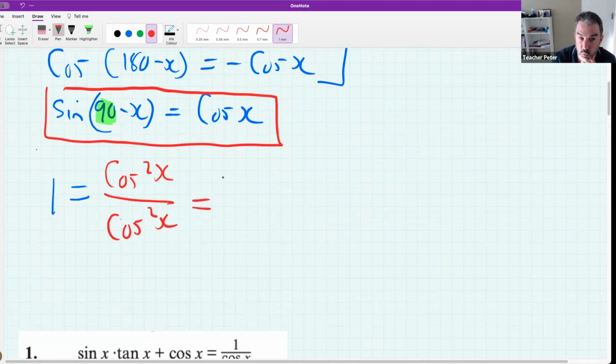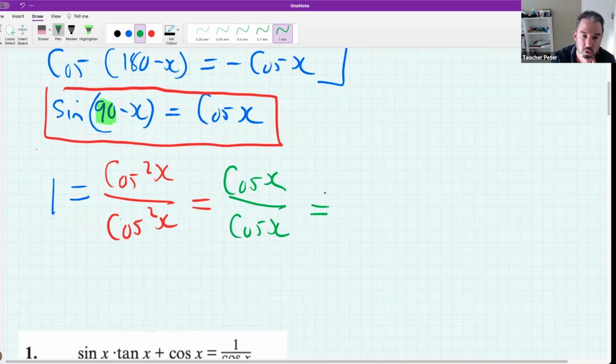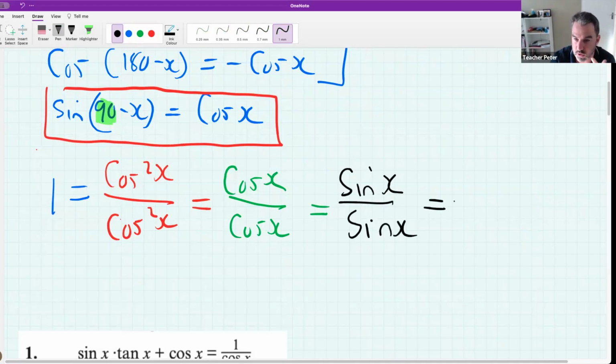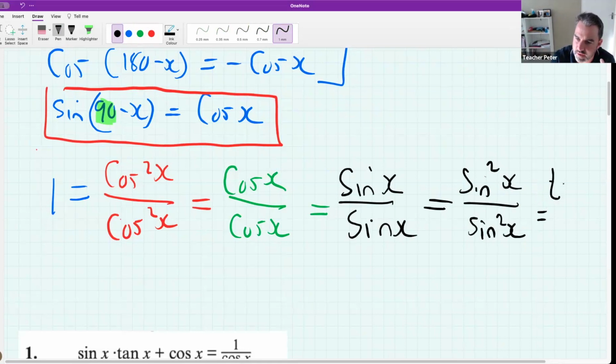You can write one as cos x over cos x. You can rewrite one as sine x over sine x, or as sine squared x over sine squared x. Or you can even write it like this.